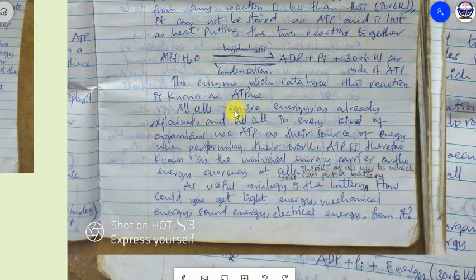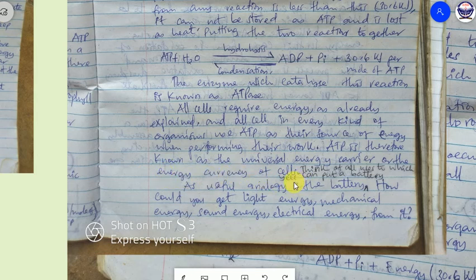All cells require energy, as already explained, and every kind of organism uses ATP as the source of energy when performing its work. ATP is known as the universal energy carrier, or the energy currency of the cell.